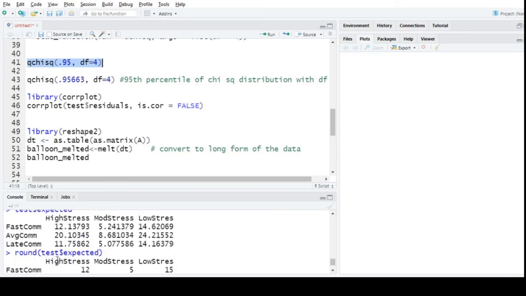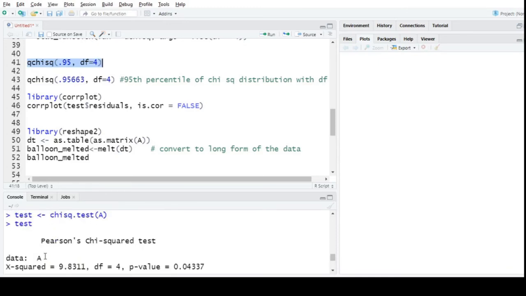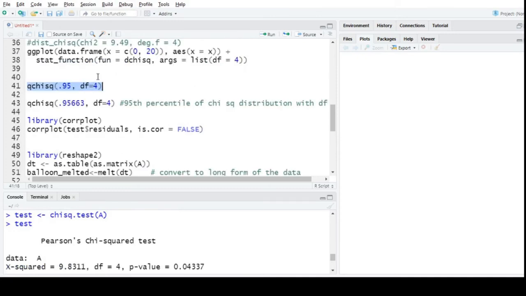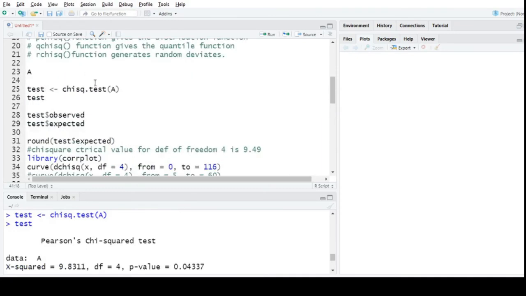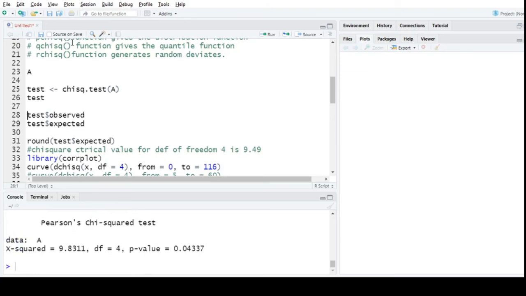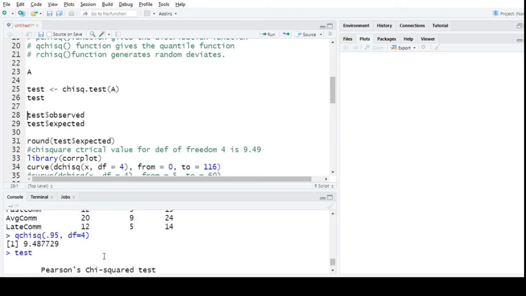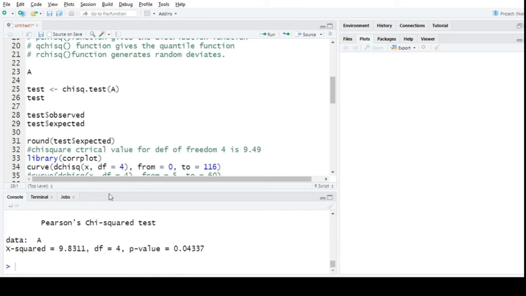Now let us run the test once again. In our case, the value was 9.83411, but it should be 9.48, so it is more. That means the association is not significant between these two attributes. So we cannot clearly say that the stress is due to the commuting.